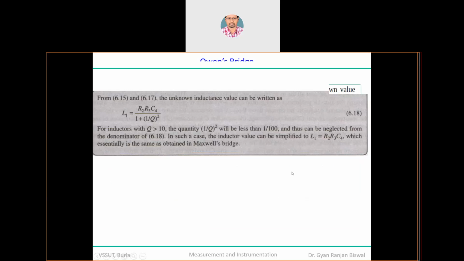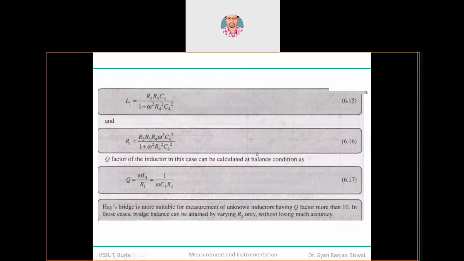That means the measurement of the unknown value of inductance remains unaffected in case of the Hay's bridge, which is again a further modified Maxwell bridge, you can say. The modified Maxwell inductance capacitance bridge, but it also offers you the higher value of Q. So these are the two advantages you will get in case of the modified Hay's bridge.